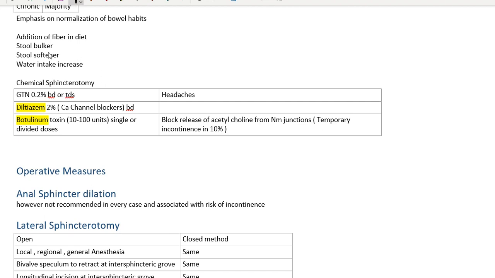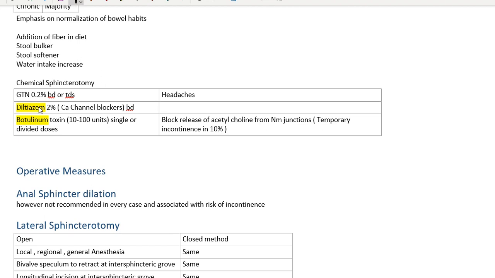So what we can use for chemical sphincterotomy is GTN 2%. It is available in Pakistan, and it comes in the formulation of 2% GTN. Let me explain to you how it works. It releases nitric oxide, which will help relax the smooth muscles of the sphincter as well as the blood vessels.